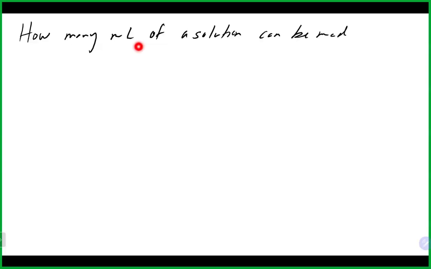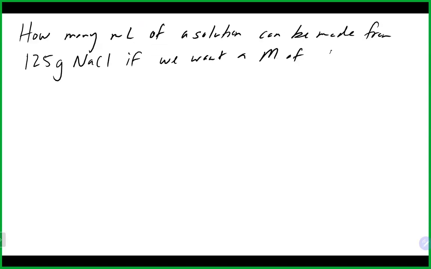So let's say we want to know how many milliliters of a solution can be made from, let's go with, I don't know, we'll make up a number, hope for the best, 125 grams of sodium chloride if we want a molarity of, let's go with 0.755 molar.